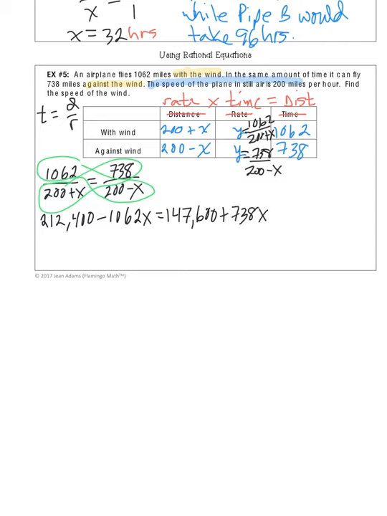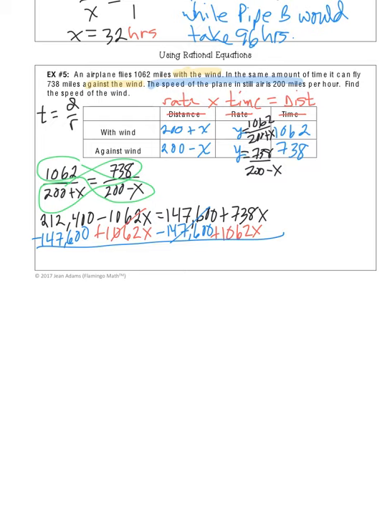All right, so then we are going to add 1062x to both sides. And that'll eliminate here. And at the same time, we are going to subtract 147,600 from both sides. And then on top of that, I'm going to flip my left and right side so my x terms are together.